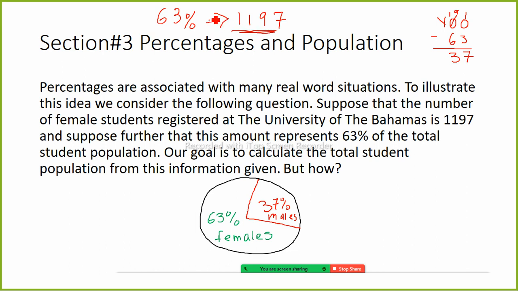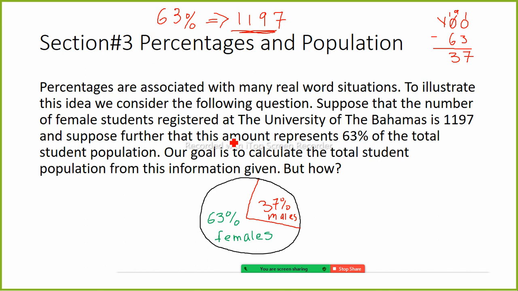63% represents this number, 1,197, of the population. The population consists of males and females. We already know that 63% is for the females. What we're trying to figure out is how many students are actually inside this entire school.